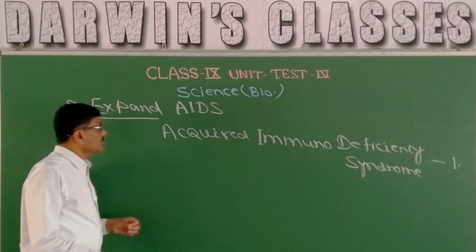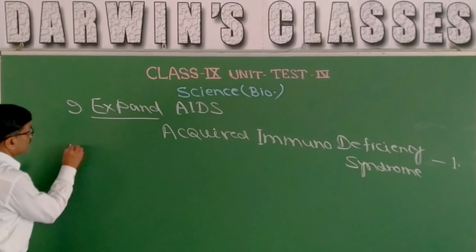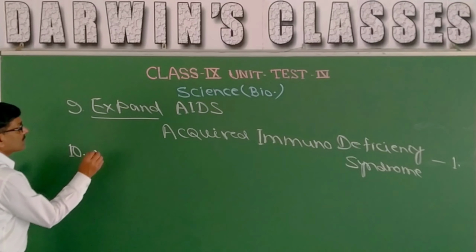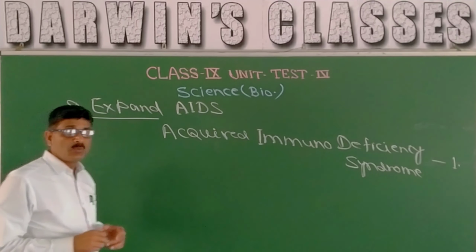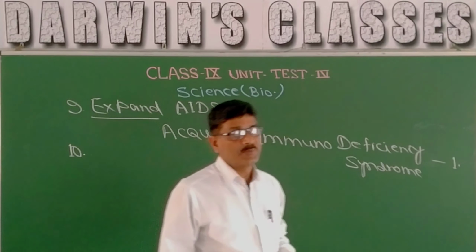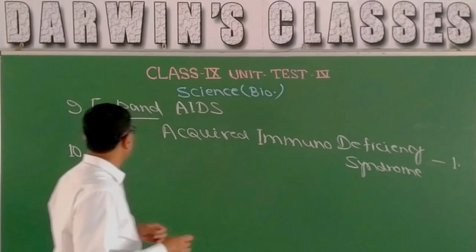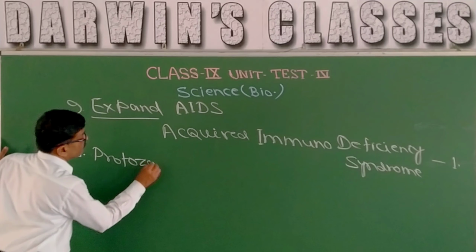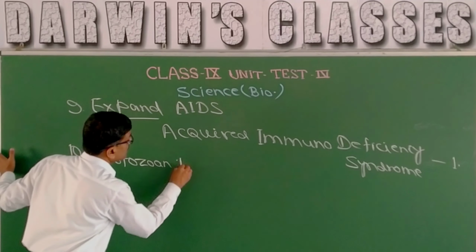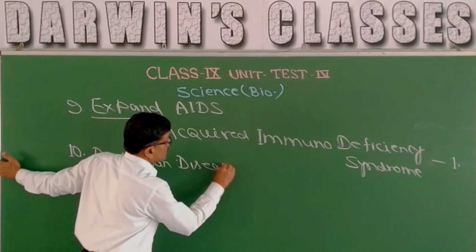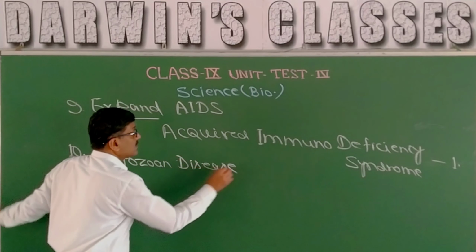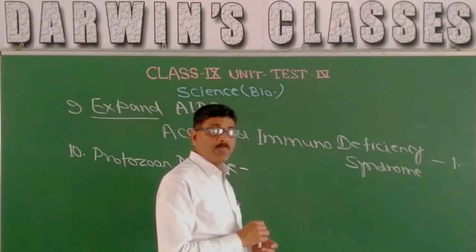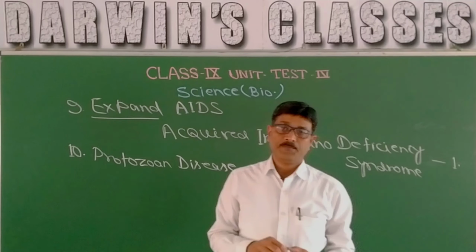The second one, question number 10, was: give example of one protozoan disease. That means a disease caused by protozoa. A very common disease caused by protozoa is caused by plasmodium.